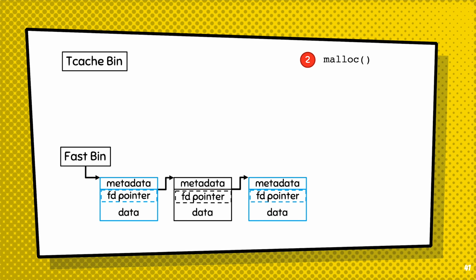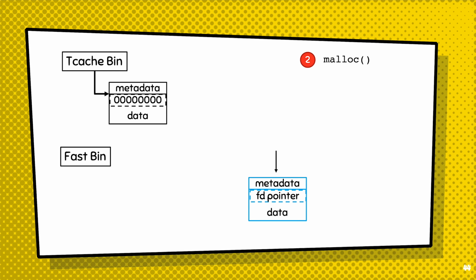And Fastbin works as follows. As we discussed in the Fastbin use-after-free vulnerability, when malloc is called, in this case, the blue chunk will be returned for the malloc. And then glibc will refill the T-cache bin with Fastbin chunks. It will scan over the chunks in Fastbin, move to the next chunk, and also move that chunk from Fastbin to a T-cache bin.